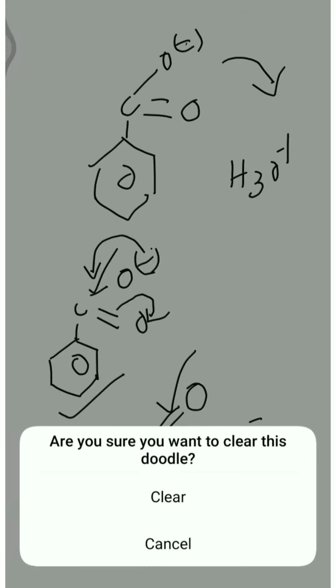Now just to clear it up. In case of the phenol, we see that the resonating structures involve the phenyl group. But in case of the carboxylate, meaning the aromatic acid, the negative charge is developed over the two oxygens.